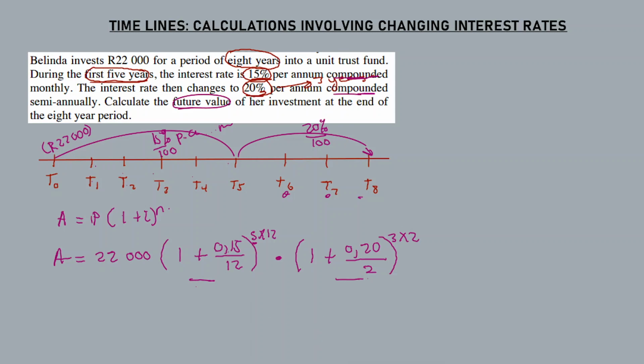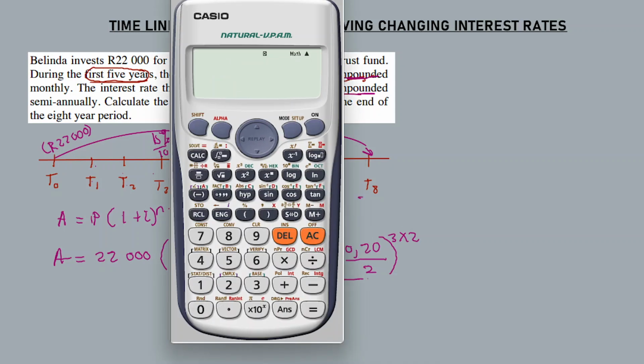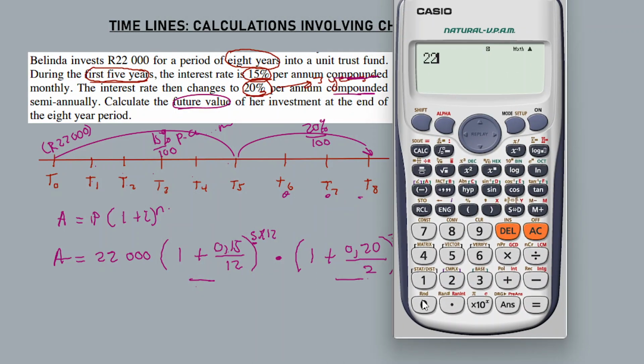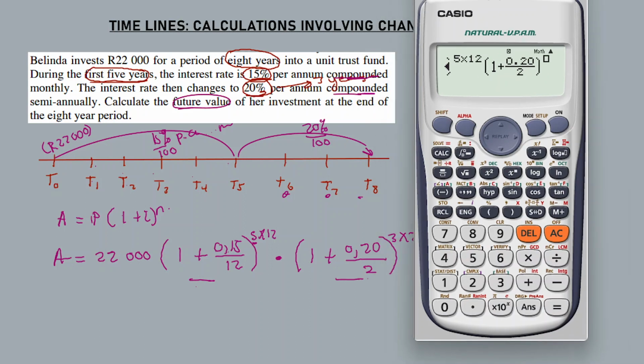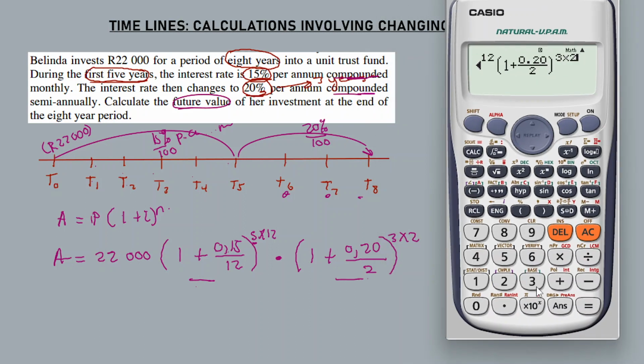So now, 22,000 times 1 plus 0.15 divided by 12 raised to the exponent 5 times 12, times 1 plus 0.20 divided by 2 raised to the exponent 3 times 2.